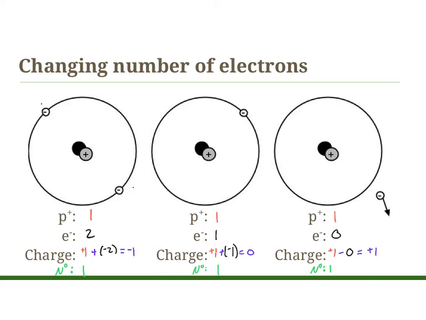If I'm looking at an atom and I want to identify charge, I take my protons, and remember that they have to be positive, minus my electrons, and that has to be negative, and that should give me the charge. It's either going to be positive, negative, or zero if it's a neutral atom.